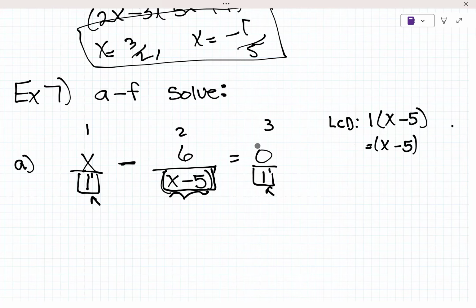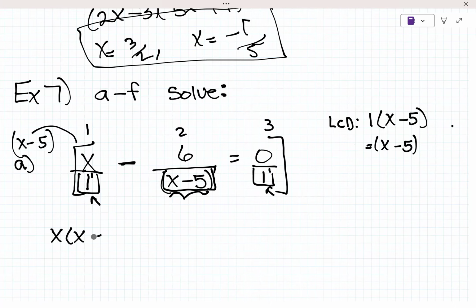So I'm going to multiply all three sides by x minus 5, and let's see what happens. Over here, x minus 5 times x, nothing disappears, so just write it out. You don't have to FOIL it out yet. So it's x times x minus 5. Be careful, there is a minus, so put a minus and a little bracket because you're going to distribute that minus.